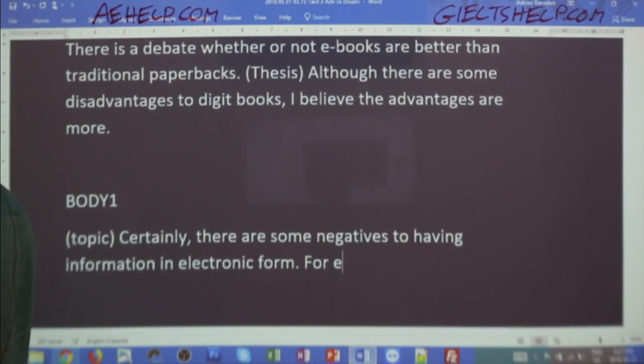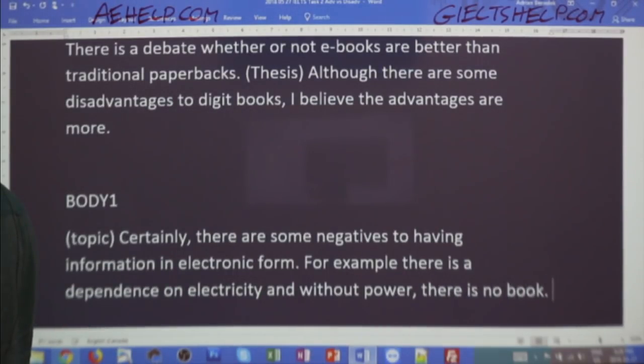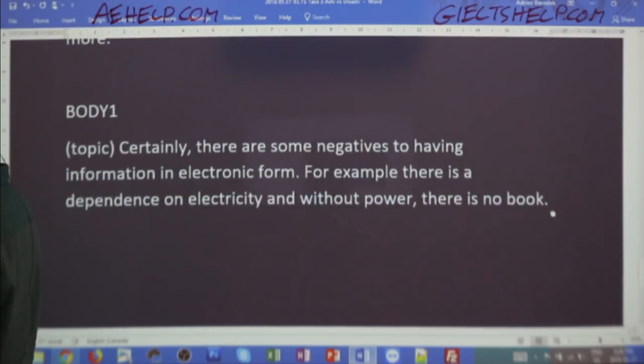For example, there is a dependence on electricity, and without power, there is no book. Okay? And then you can say a little bit more.